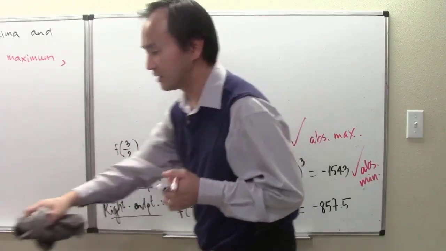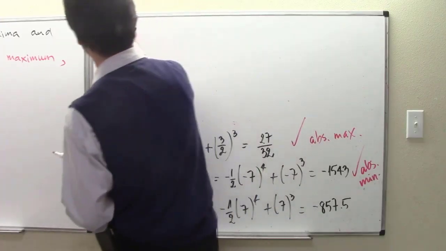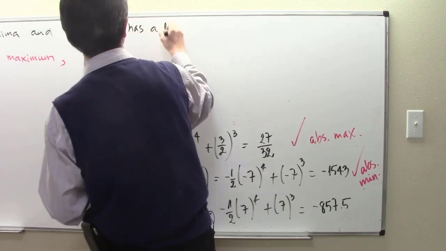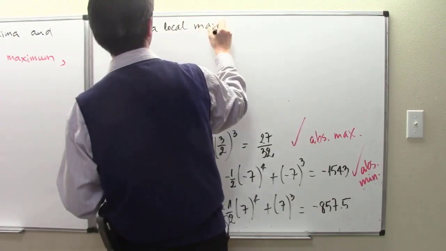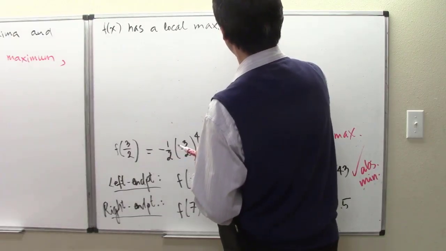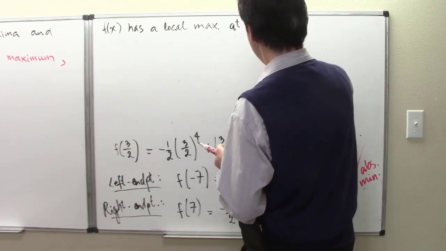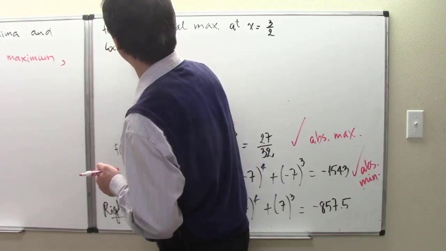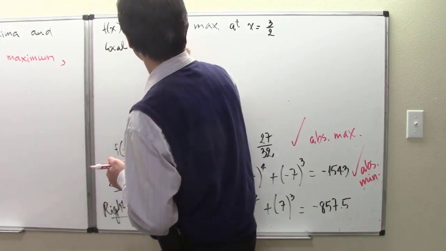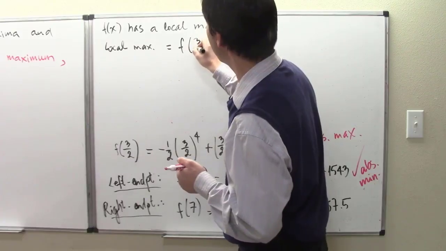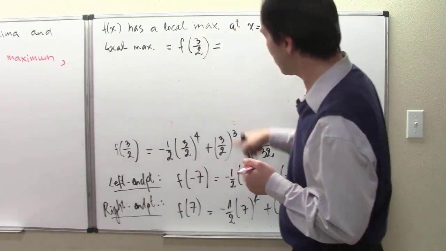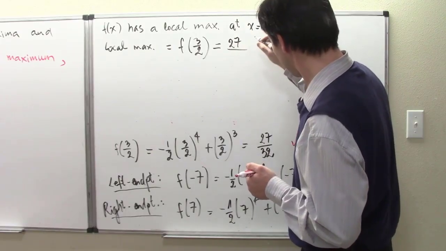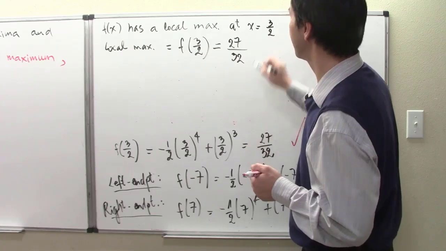To make it more precise, I'm saying that as a conclusion, f of x has a local maximum at x equals 3/2, and the local maximum value equals the function value at 3/2, and we did the calculation and it came out being 27 over 32. Okay, so we got that.